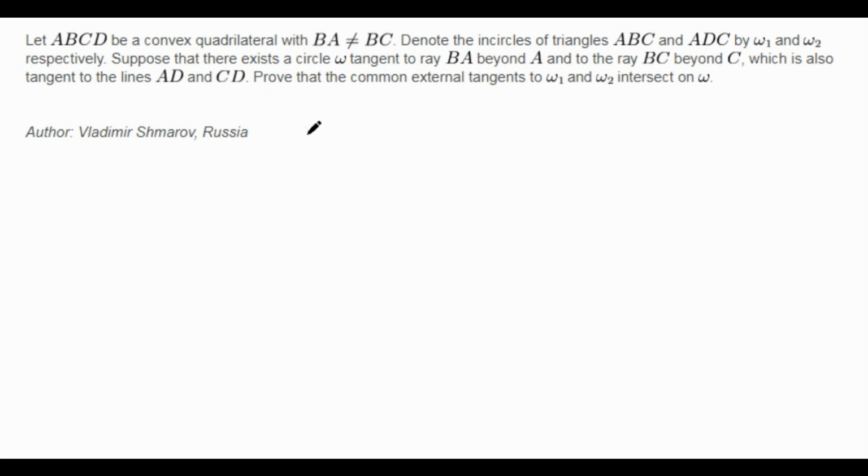So we have that ABCD is a convex quadrilateral, etc., etc. I'll just draw the diagram. Denote the incircles of ABC and ADC as omega 1 and omega 2. So here is incircle omega 1. This is omega 1. Suppose there exists a circle omega tangent to ray BA beyond A and ray BC beyond C. Okay, let's do that as well.